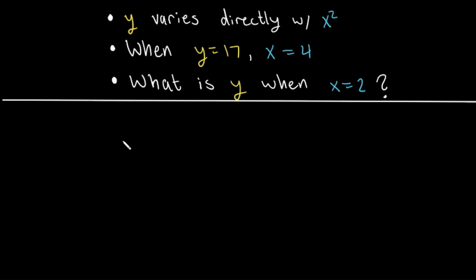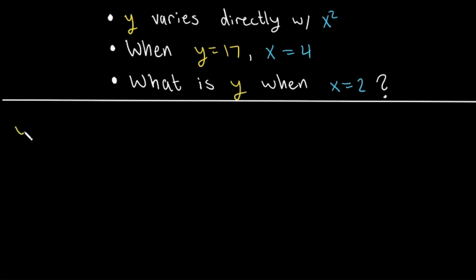Let's look at one final example. Y varies directly with the square of x. When y is equal to 17, x is equal to 4. What is y when x is equal to 2? So we see we have a direct proportion here, or a direct variation.